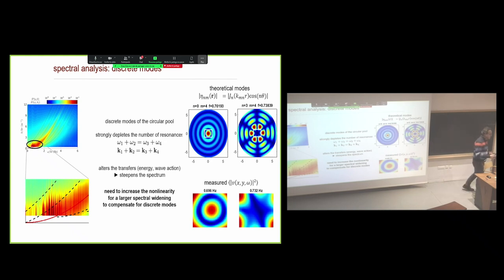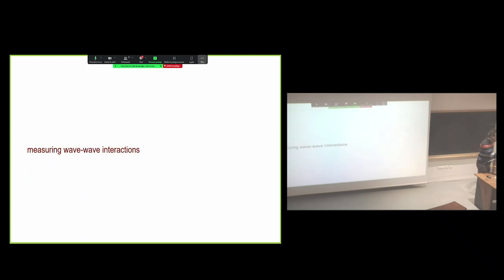These modes are a pain because the theory is in the limit of infinite size, and they deplete the number of resonances you can have that transfer energy to initiate the cascade. To compensate to some extent for these discrete modes, you have to strongly increase the non-linearity mostly.